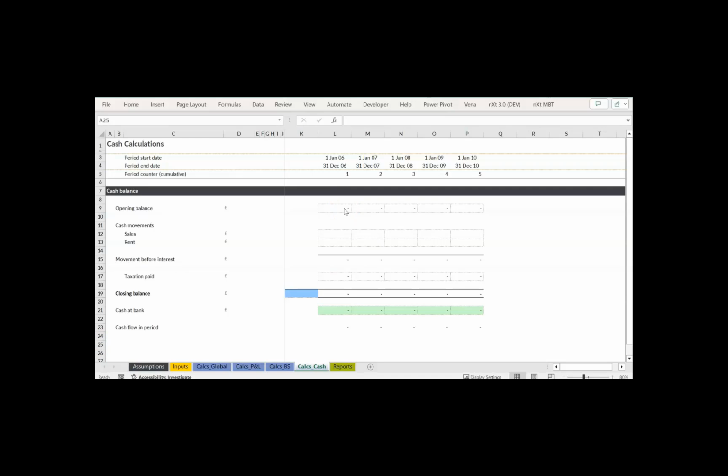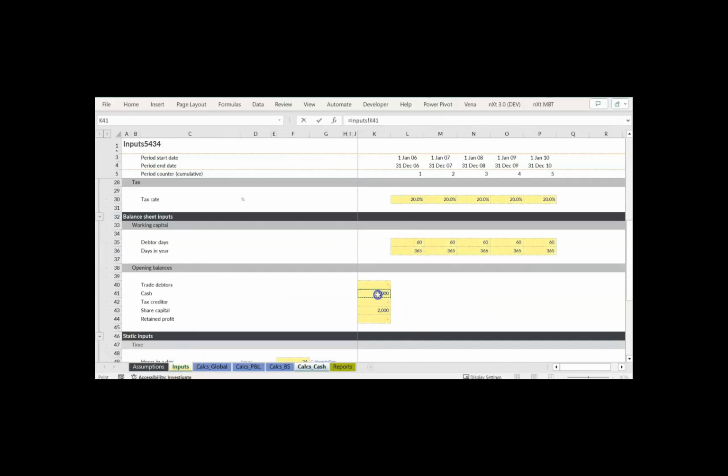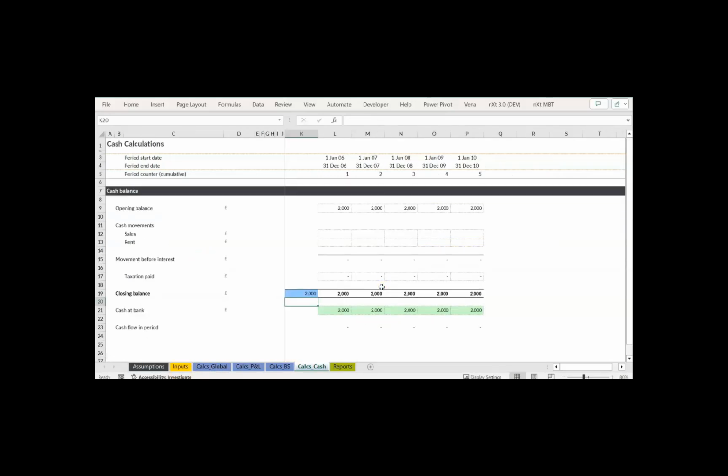At the moment, there is no movement in cash during the year to link up, but there is a starting cash balance, which we need to link up in cell K19. As there is no movement in cash during the year, we can see that the closing cash balance is always 2,000 in each period. Let's link this up to the balance sheet.